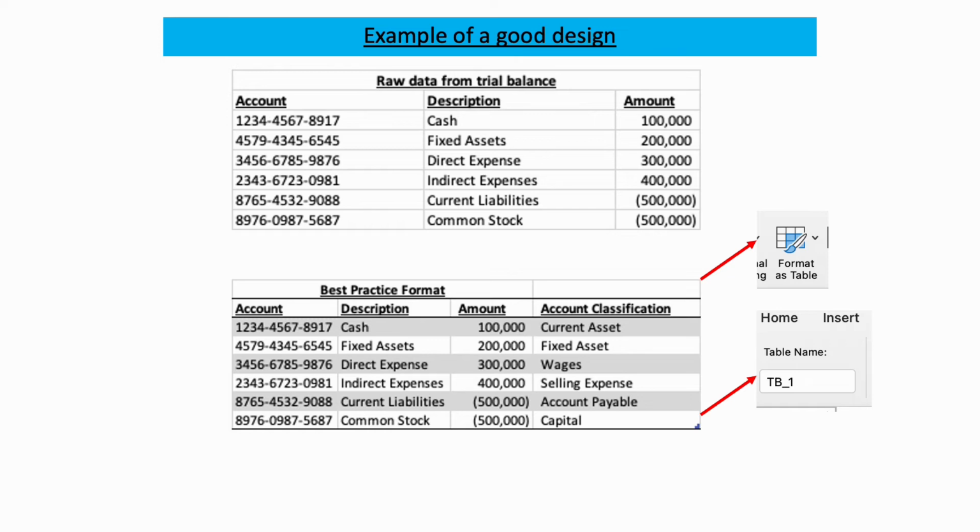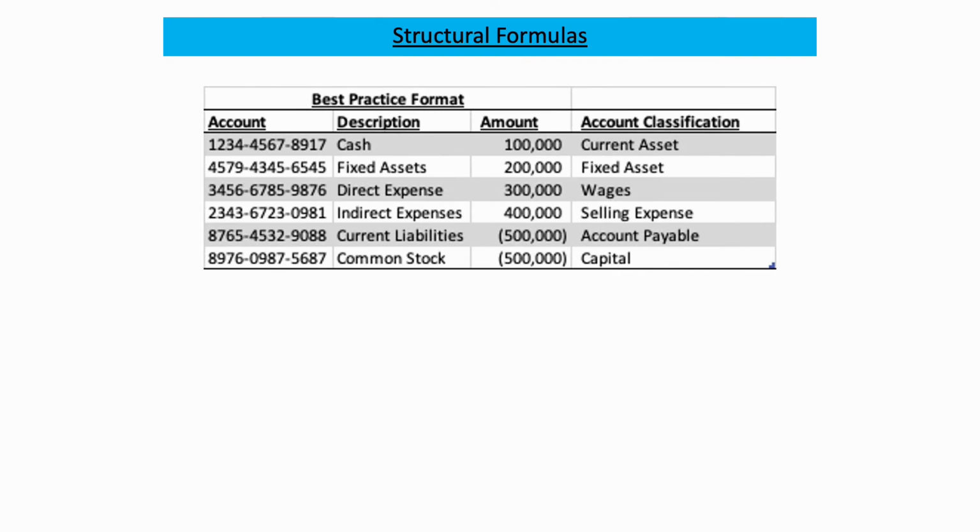Now you have heard me talk about structural formulas a number of times in my video so far, so we'll just dive right into it and see what that looks like. This is the table that we need to work off.